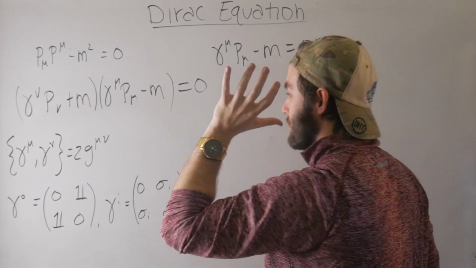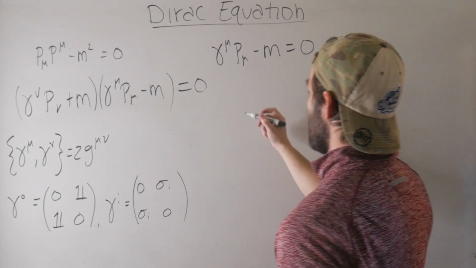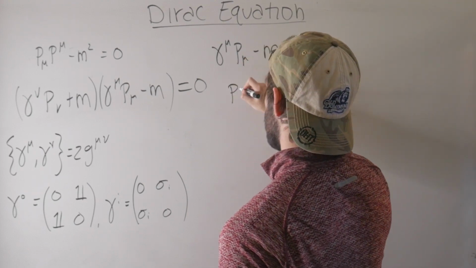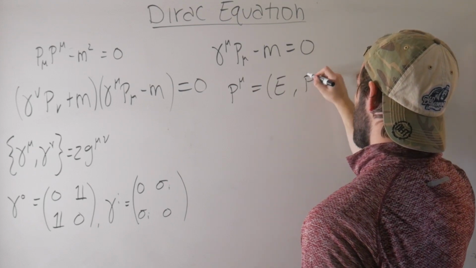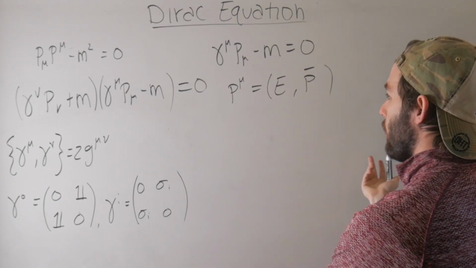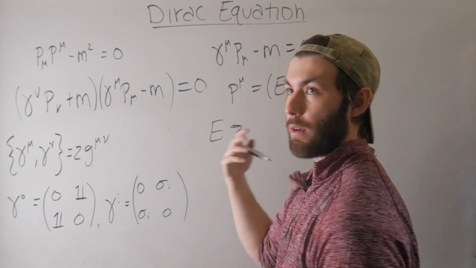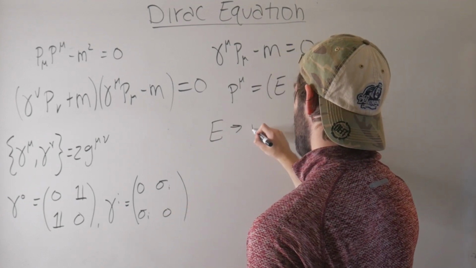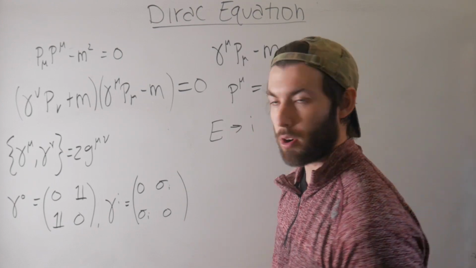That was confusing to me initially, so I figured I'd talk about that here. The last step in extracting the Dirac equation from all of this is to quantize the four-momentum. Now we know that the contravariant four-momentum is in terms of the energy and the regular momentum. And we already know how to quantize this from quantum mechanics 1. Energy, from the right-hand side of the Schrödinger equation, becomes i h bar times the time derivative, but let's set h bar equal to 1.